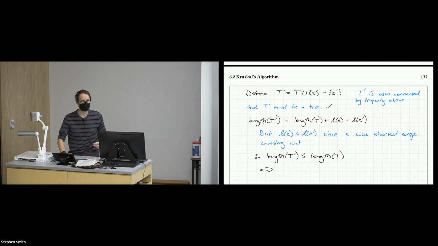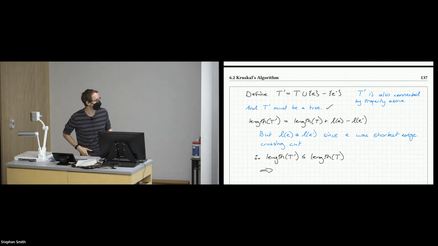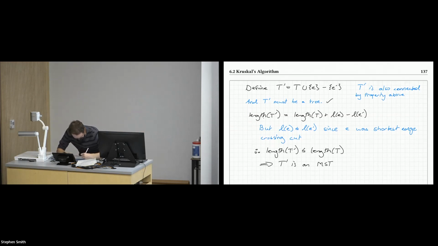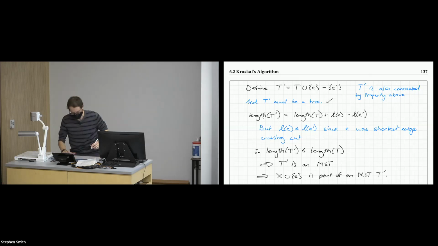If T was a minimum spanning tree, then certainly T prime has to be a minimum spanning tree because it's at least as short. So that tells us that X union E is part of an MST T prime.